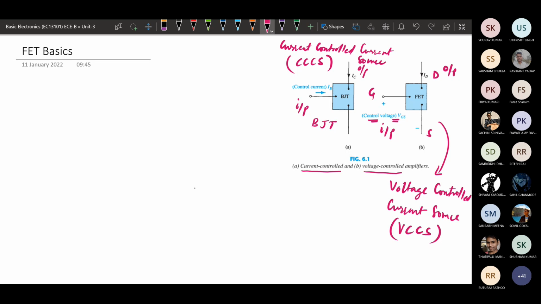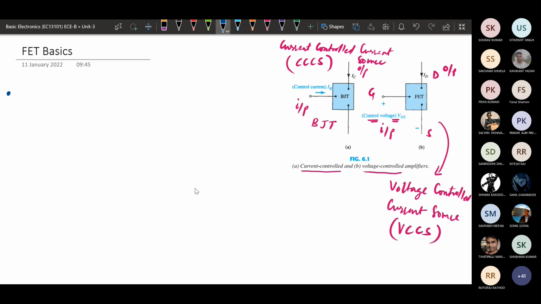So here we are going to control the output current based on the input voltage. That means if we change the input voltage, we are going to change the electric field on the input side. Whatever voltage we are applying across this, there will be a potential difference, and because of that potential difference there will be an electric field intensity.